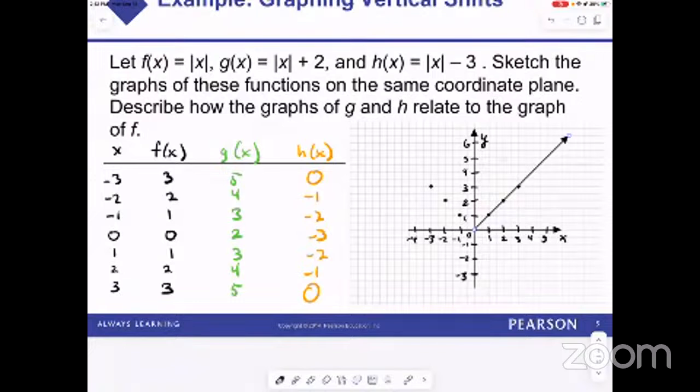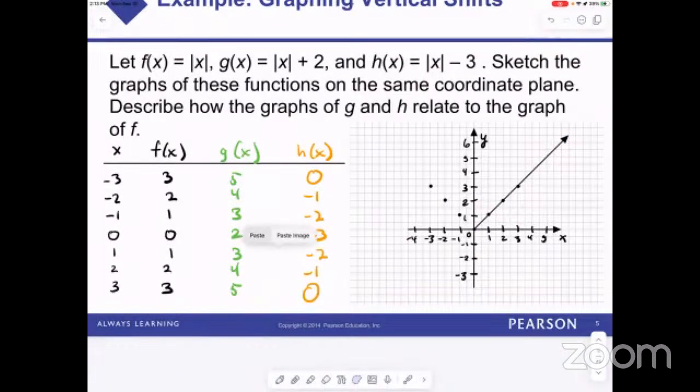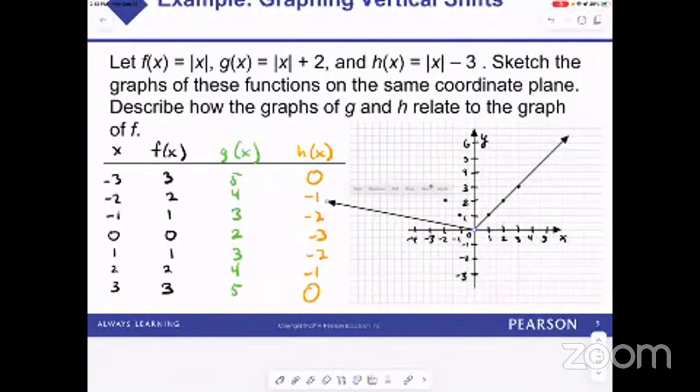I'm going to just copy that. That looks decent. So that's our graph of f of x equals absolute value of x.